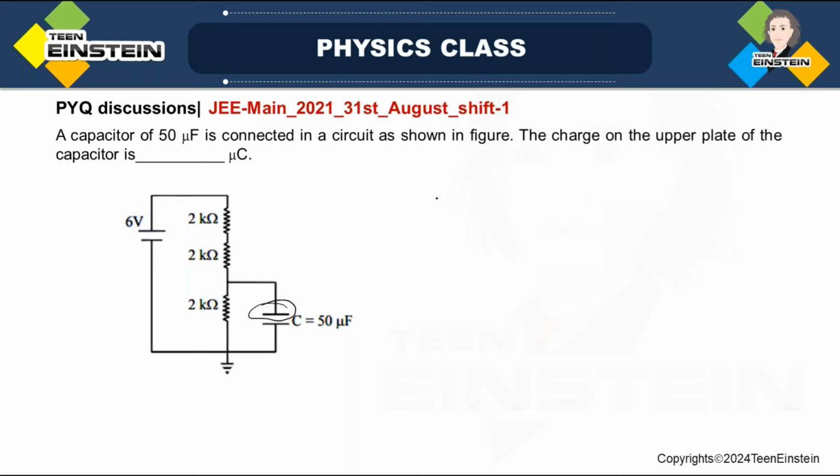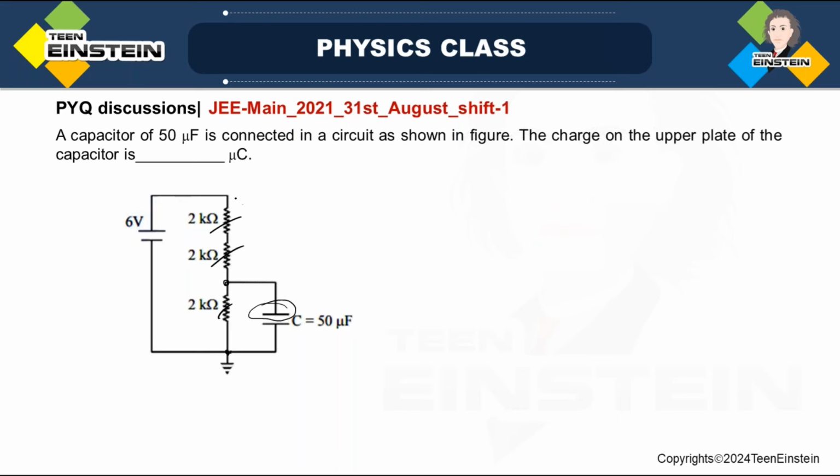So we know, see, this is a 6-volt DC battery, so there will be flow of charges through this, and this capacitor will get charged, and hence it will store some charges. And you look here, this point and this point are the same for this resistor as well as this capacitor, and all three resistors are actually identical, 2 kilo ohm, 2 kilo ohm, 2 kilo ohm.